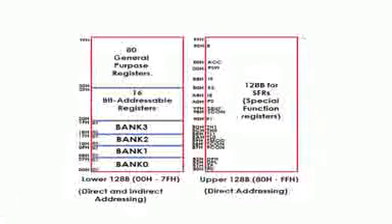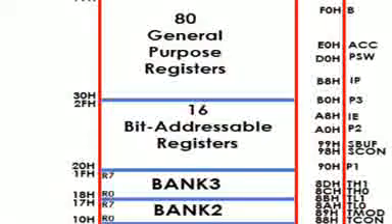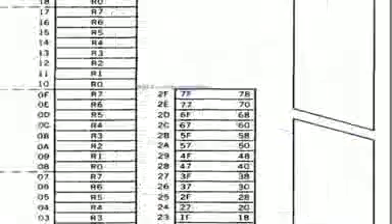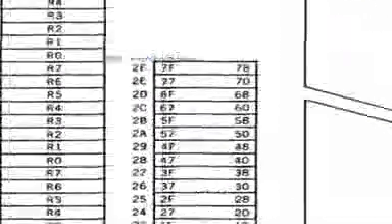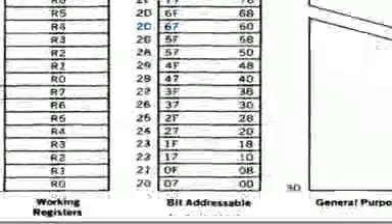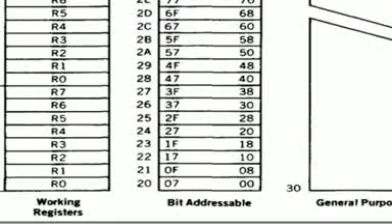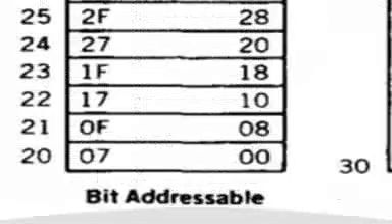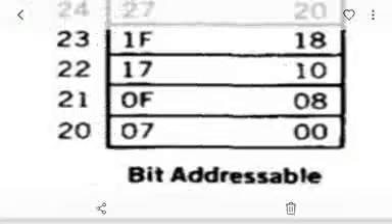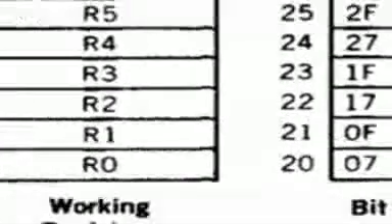So after that, next we will see the bit addressable area. See, bit addressable registers start from 20H to 2FH. So it starts from 20 to 2FH, and I said these are bit addressable. So at 20, this is 00, 1 bit, after 00 you will have 01, 02, next 03, 04, 05, 06, and this is 07.